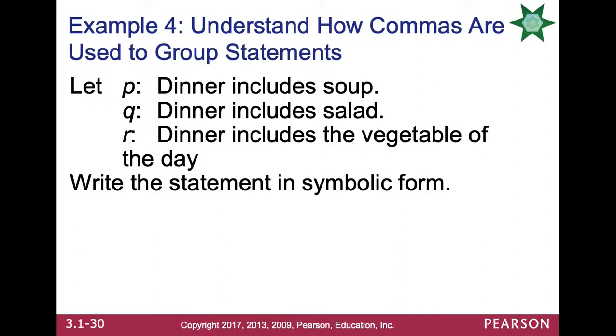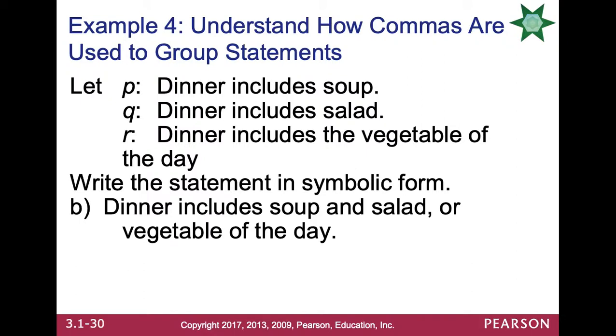So now let's take another look at it. Write the statement in symbolic form, includes soup and salad or vegetable of the day. The solution P, let's go back. Dinner includes soup and salad or vegetable of the day with the comma.